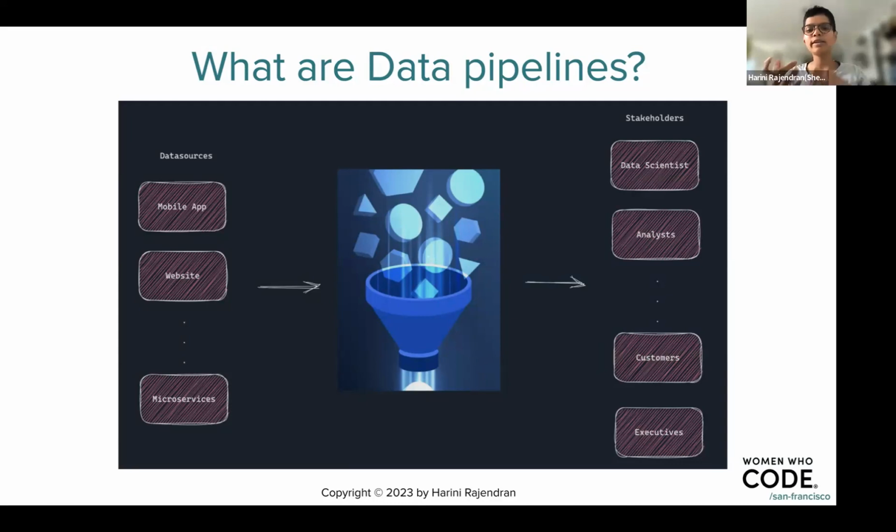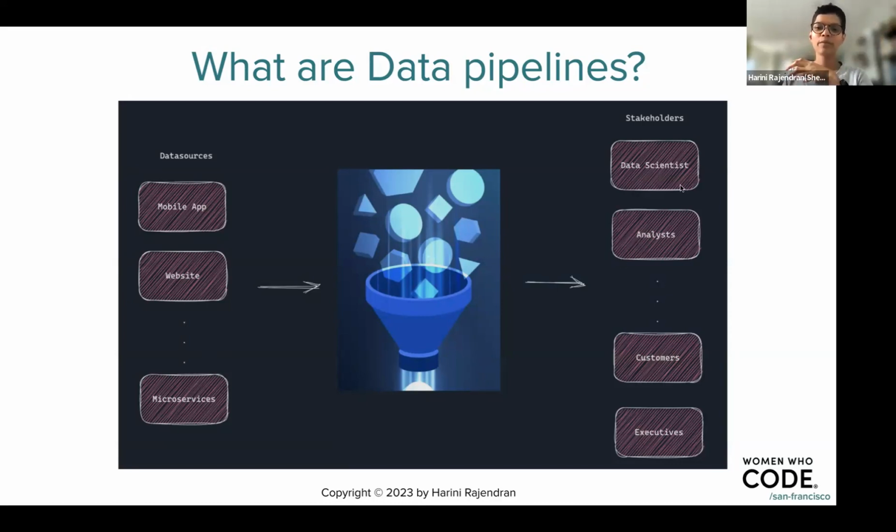So how a data pipeline can be used here is, you instrument your mobile app, your website, your microservices, all of these different clients. Whatever is on this side, we call them clients. You instrument these clients to emit raw data from all these different sources, and then you pass them through your data pipeline, which would do all the transformations, cleaning, whatnot. And then finally, it would store it in some data store at the end.